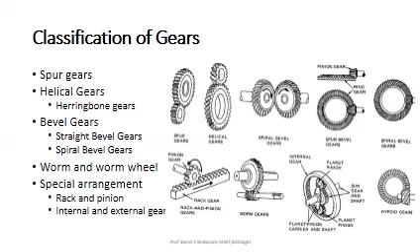Now the special arrangement is the rack and pinion arrangement. It can be used to convert the rotary motion of the pinion into the translatory, or sorry, reciprocating motion of the rack, as you see here. Such an arrangement was generally used in olden days. It can be used for steering gear mechanisms.